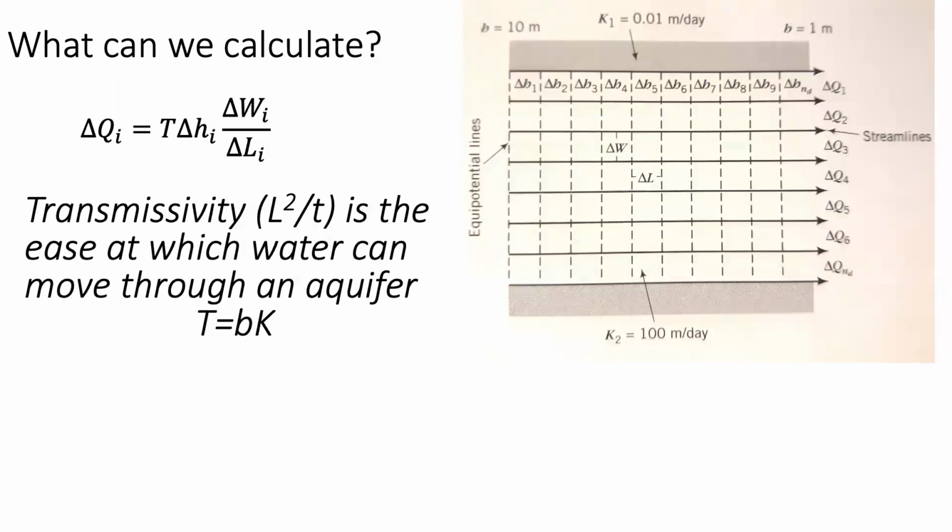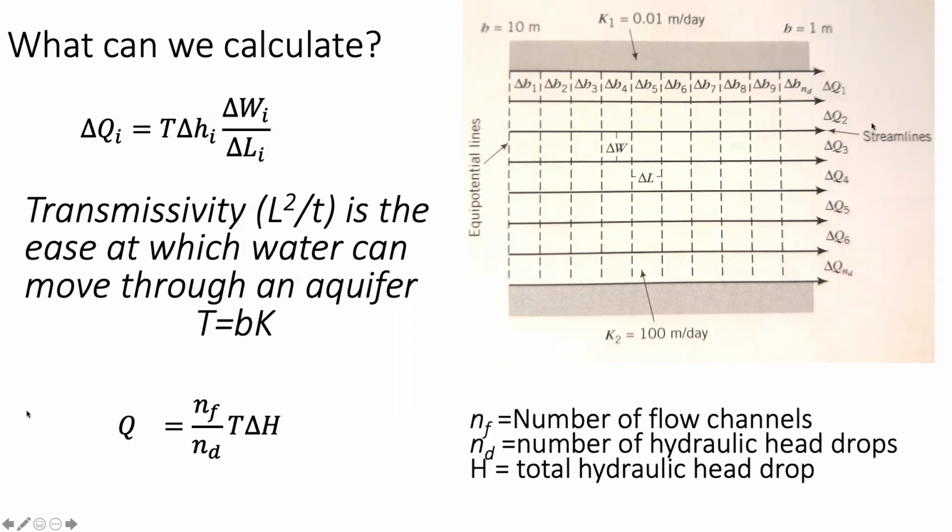Now, once we've been able to do that, what can we calculate? Well, we can calculate our discharge, and we can calculate our change in discharge from any given location. So if we think about our change in discharge for any given flow channel that we're looking at, we can say that it's equal to the transmissivity. And now this is a new term that you haven't quite heard.